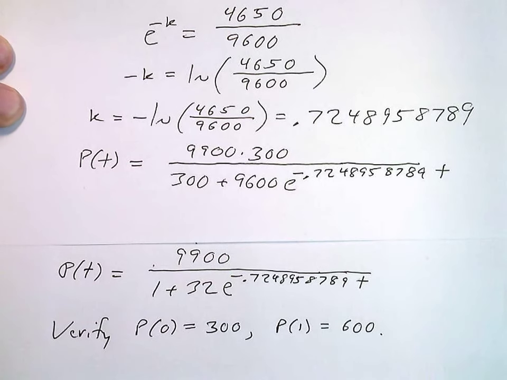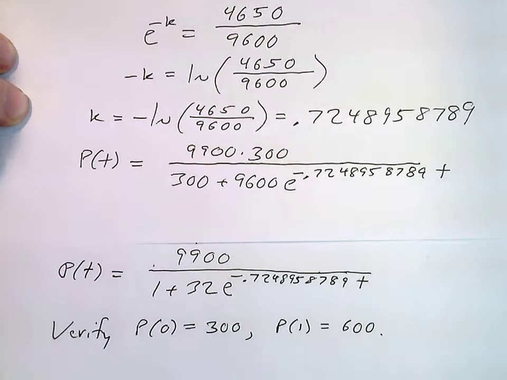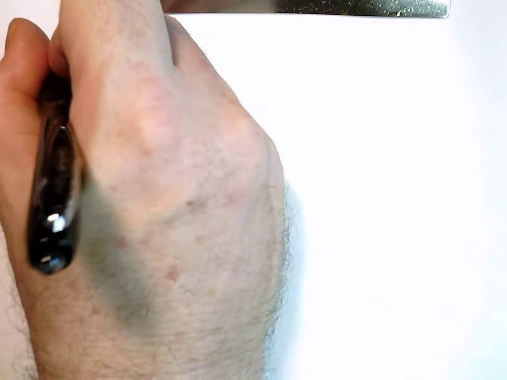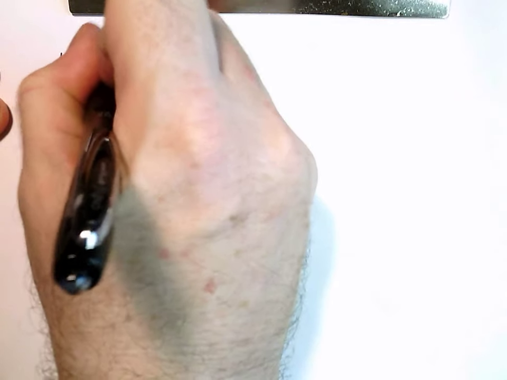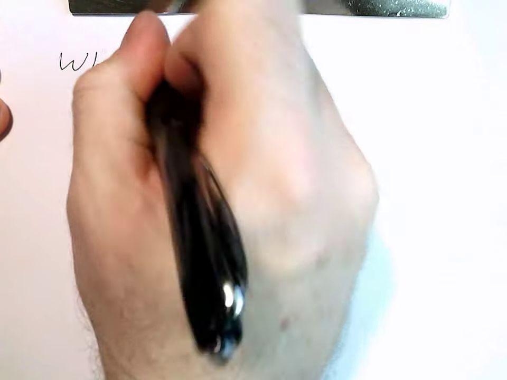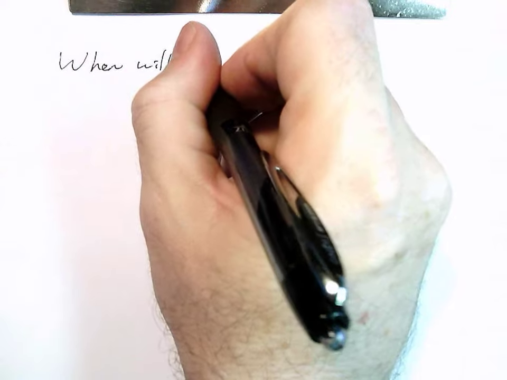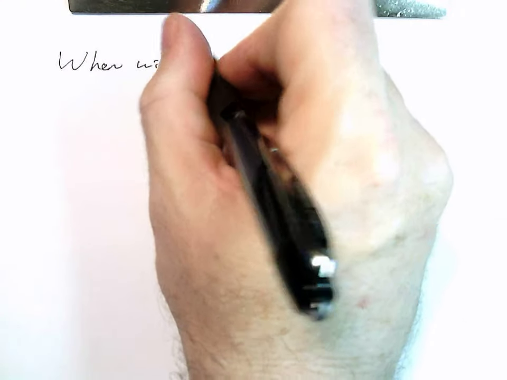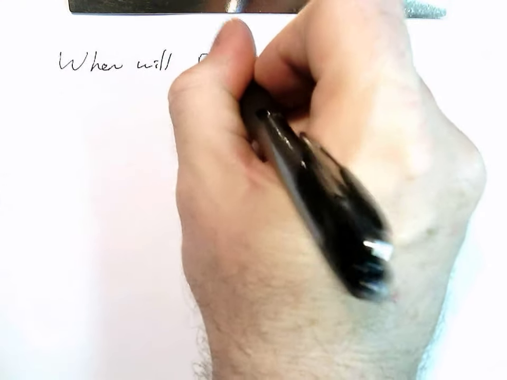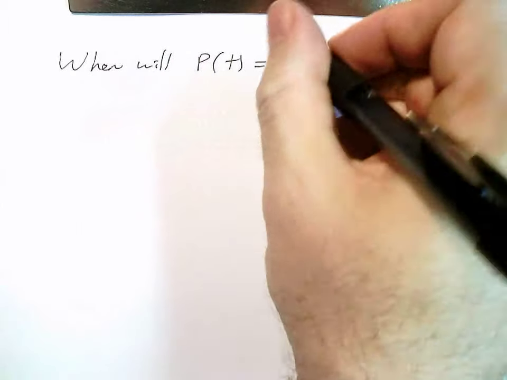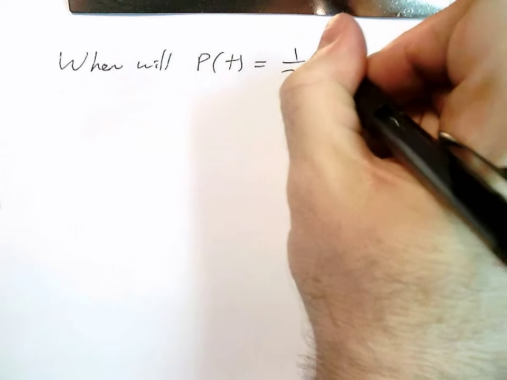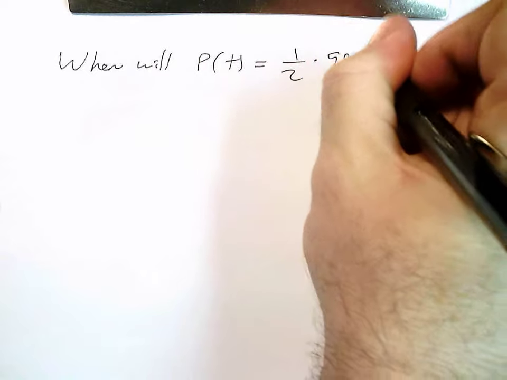Okay, now there's another part to this problem where they want to know when our P of t is one half of the carrying capacity, 9,900.